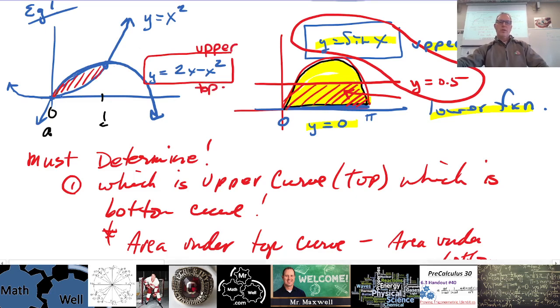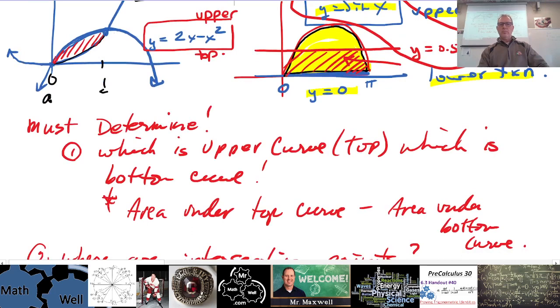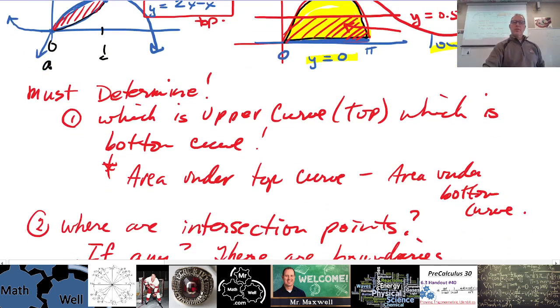The lower curve in this region we're interested in is this one. See that? Why is that important? Because we are going to want to find the area underneath the top curve and subtract the area underneath the bottom curve in order to find this remaining area. So we must determine the upper curve and the lower curve.